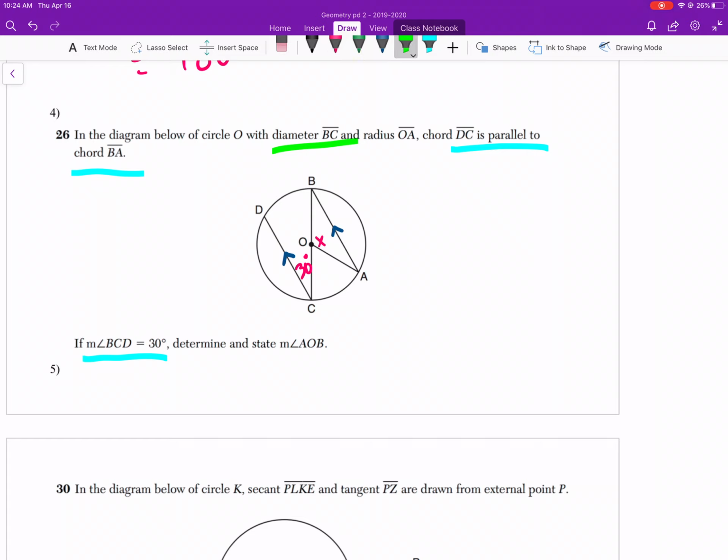Alright, so they told us parallel, you're going to use it, so let's try to make some alternate interior angles out of these parallel chords. You can make that Z as follows. So you could find that this angle here, ABO, is also 30 degrees.